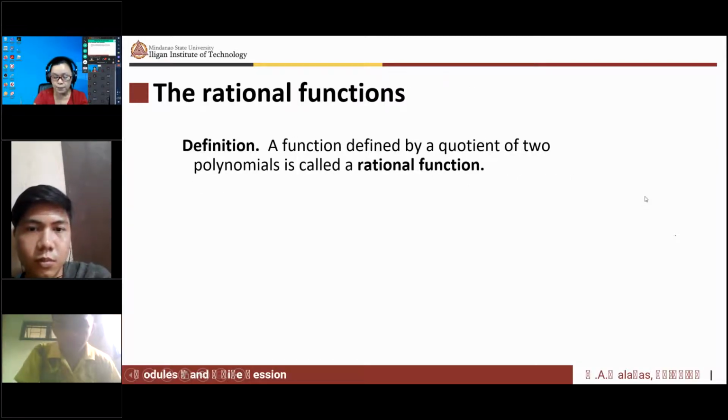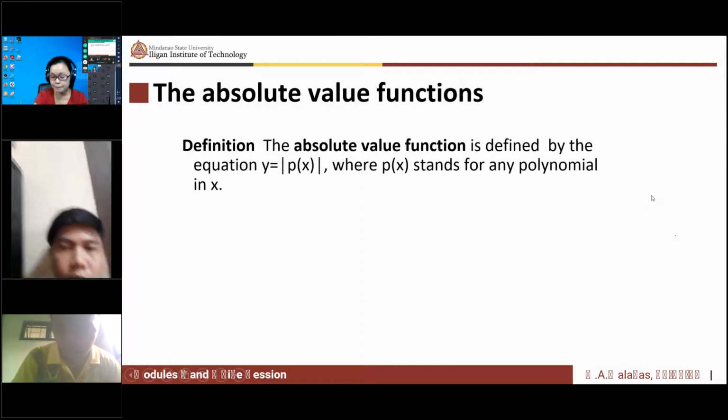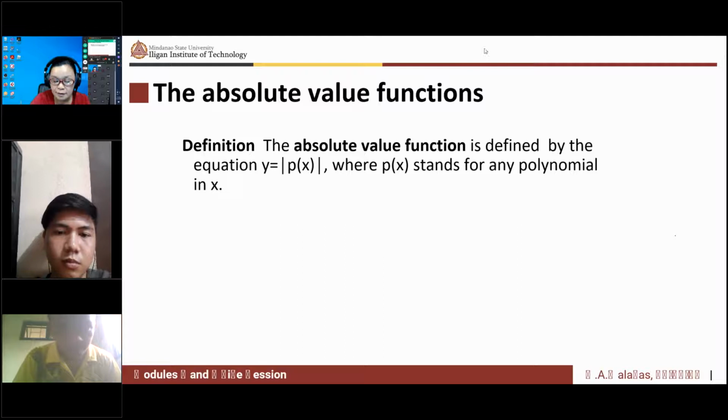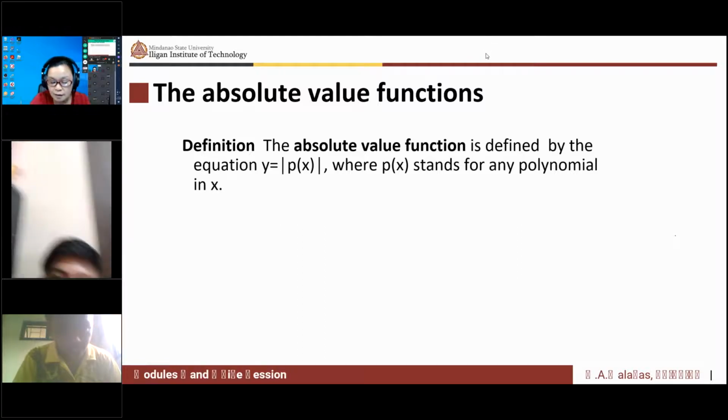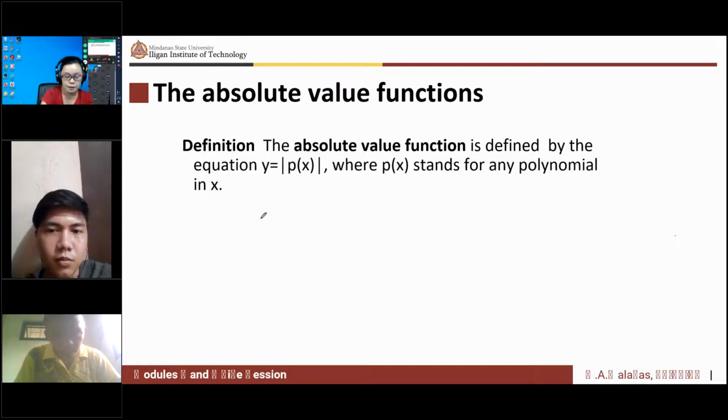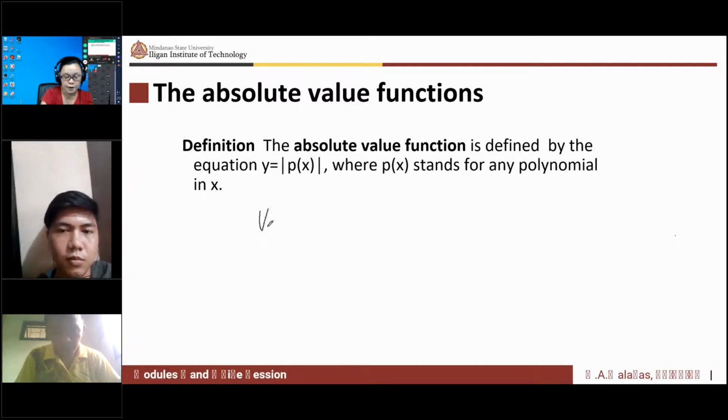So as an example, the function defined by this equation.